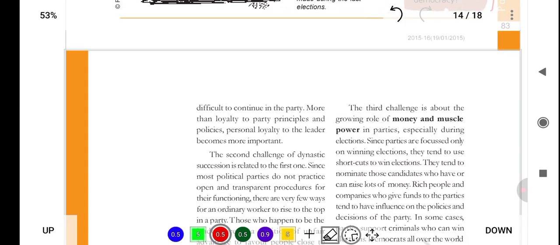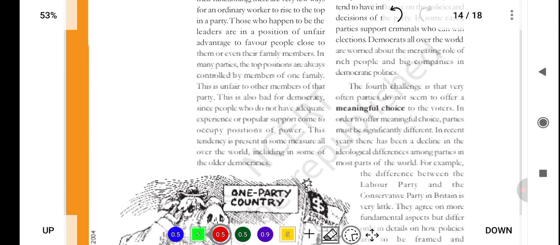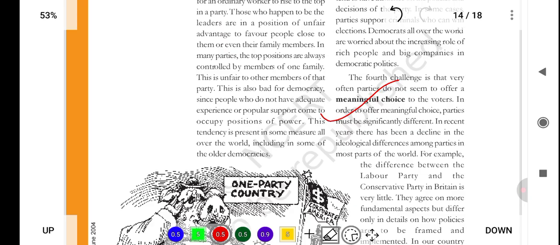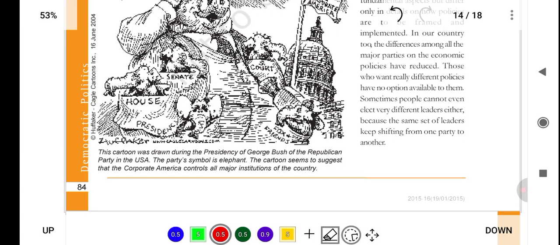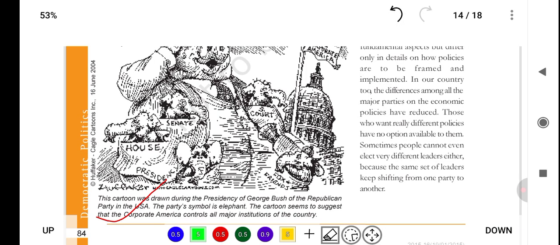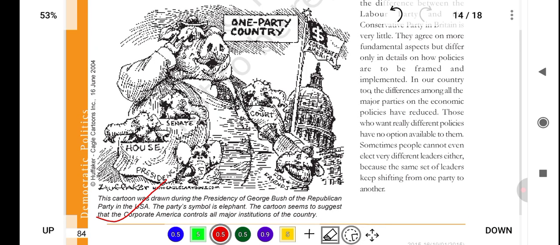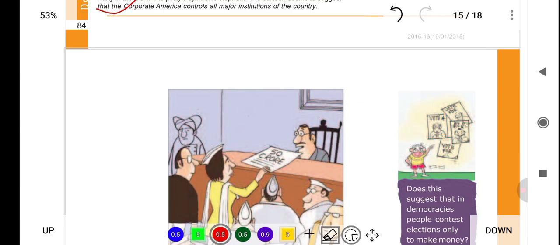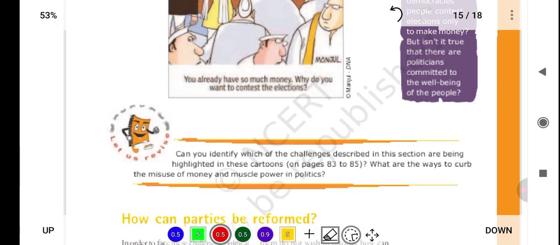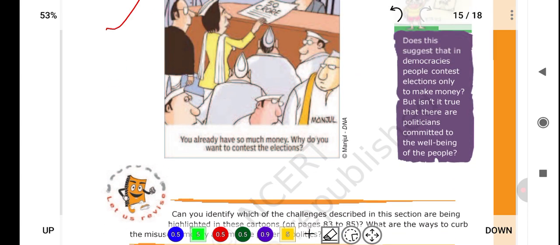Money and muscle power. Meaningful choice. One party country. You can read this cartoon. Okay. Then another cartoon, and you can answer this question also.